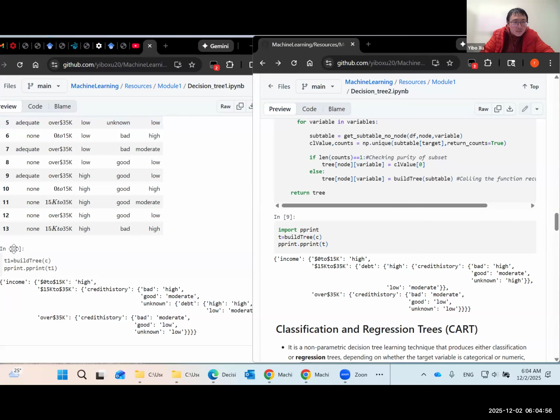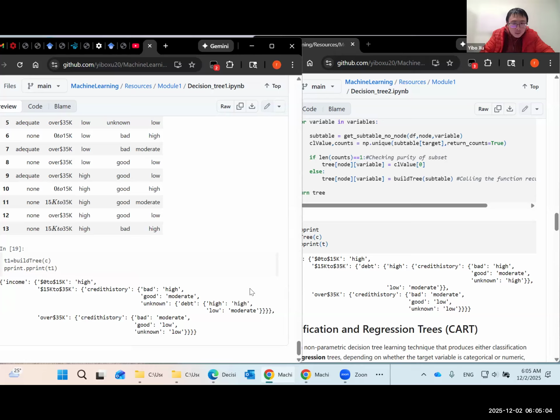The screen is a bit narrow. Let's just look at this. For the old ID3 algorithm, the income is going to be the most informative feature. So we have the lowest income, the moderate income, the high income, and that's the first root node.